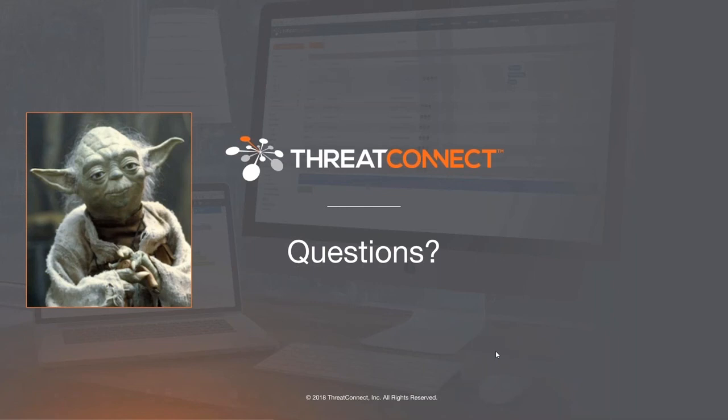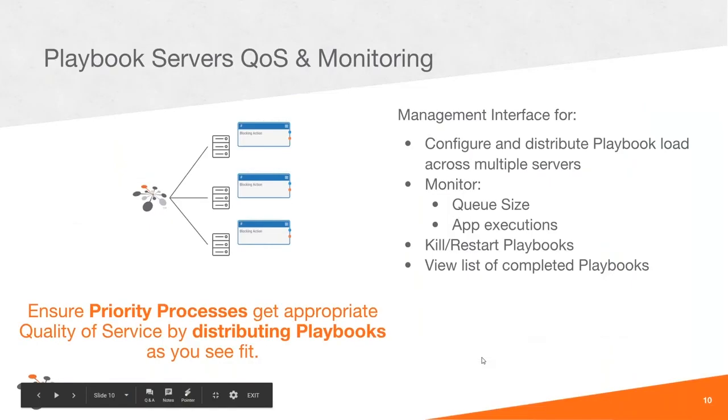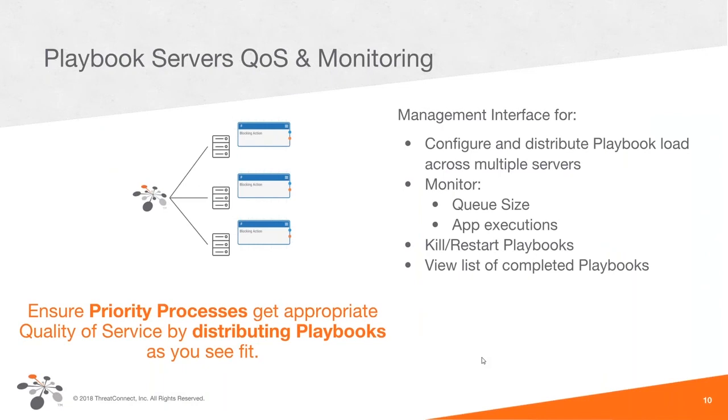Good question. I'm guessing that is in reference to one of the slides and also some of the things we teased in the next release. Let's talk about the next release and how that's going to work. In the next release, 5.7, you will be able to go to the environment configuration section of Playbooks. Once there, you will be able to configure what we call an environment server to your specific needs.